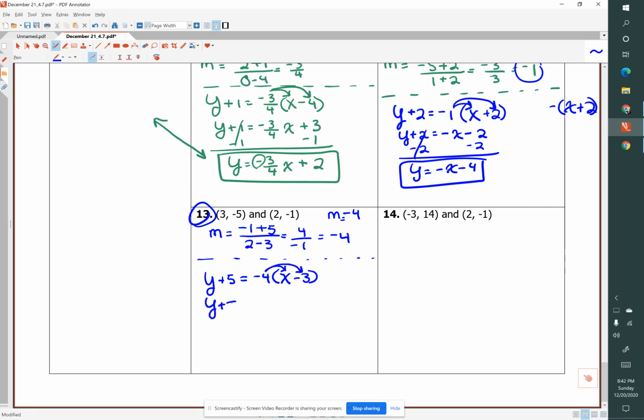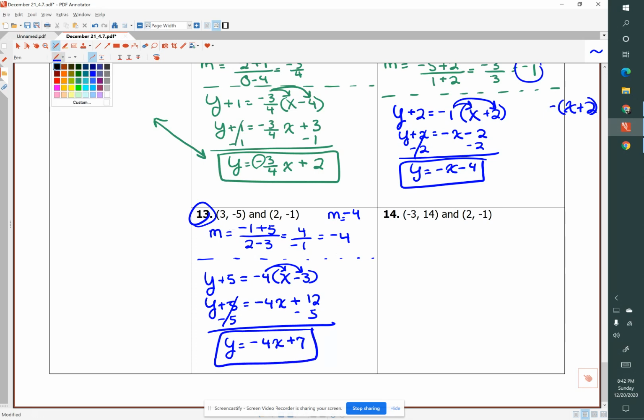Y plus 5 equals -4x plus 12. -4 times -3 is a positive 12. Subtract 5 from each side. And we have y equals -4x plus 7. And there we are in slope-intercept form.